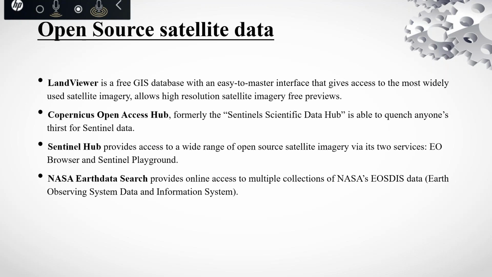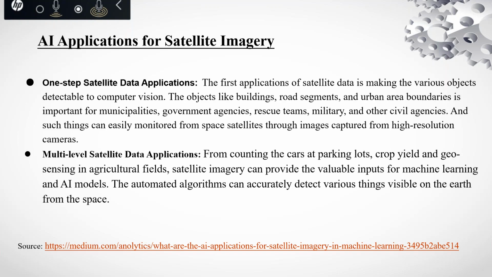Here we come into the AI applications. Basically, AI applications here can be divided into two parts. First is the one-step satellite data applications. The first application of data is making the various objects detectable to computer vision.